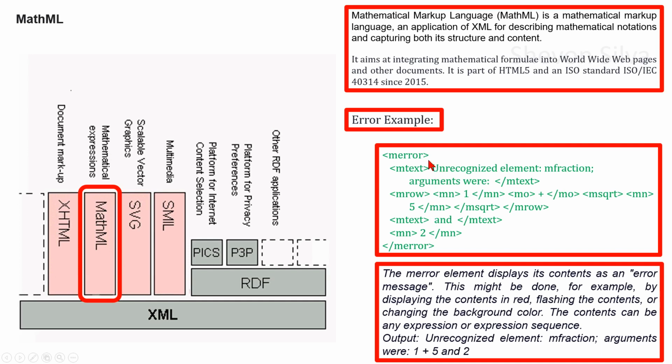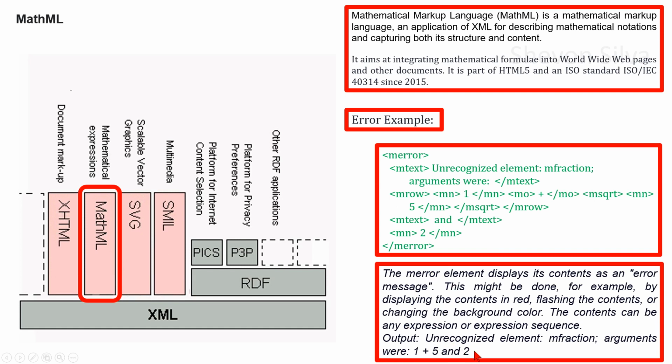The output of this code segment is here: unrecognized element: mfraction; arguments were 1 plus 5 and 2.